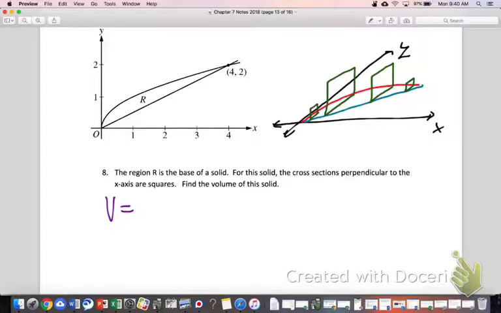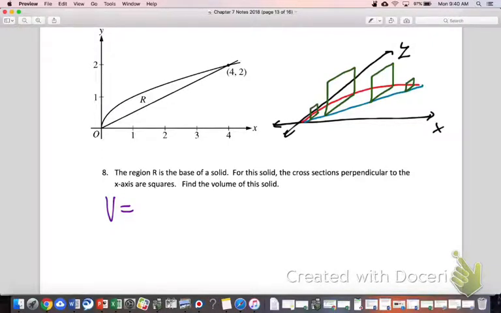With those rotational formulas, why was the pi even there? Pi r squared. Why did the rotational formulas involve pi r squared? Because it was a cylinder. Yeah, it was like a thick circle, right? So a cylinder involves pi r squared h.